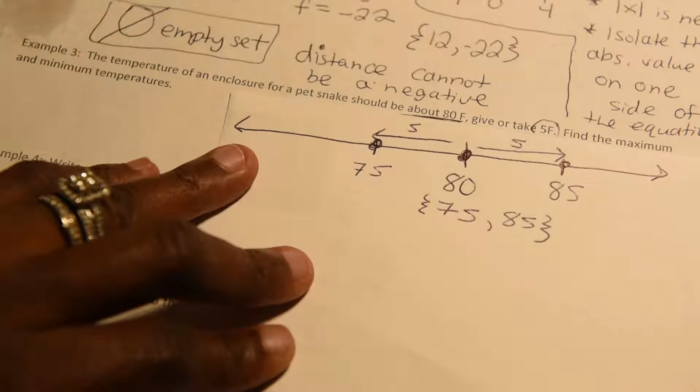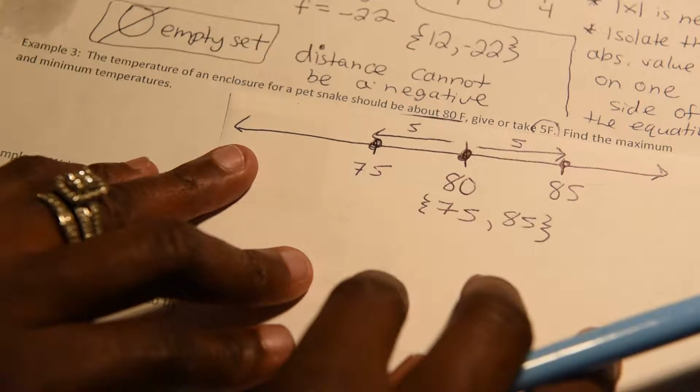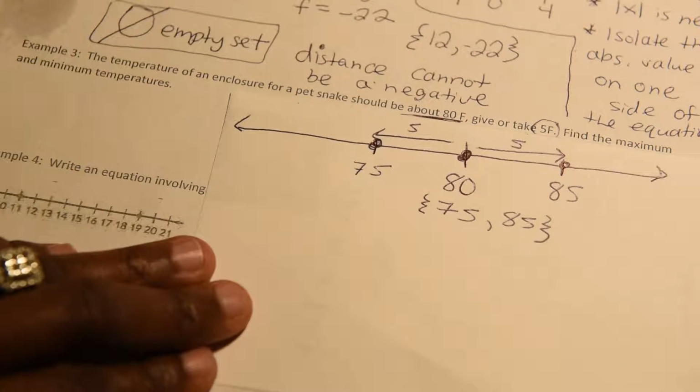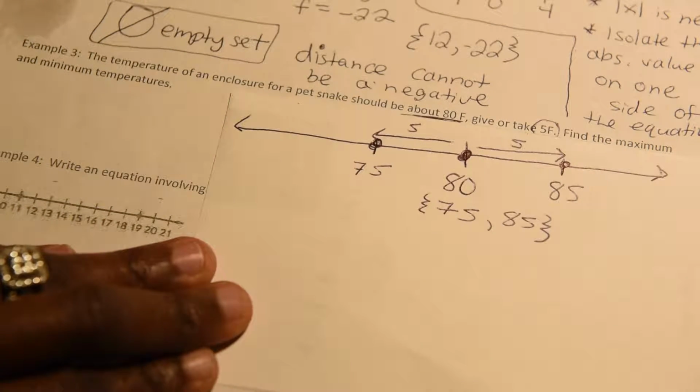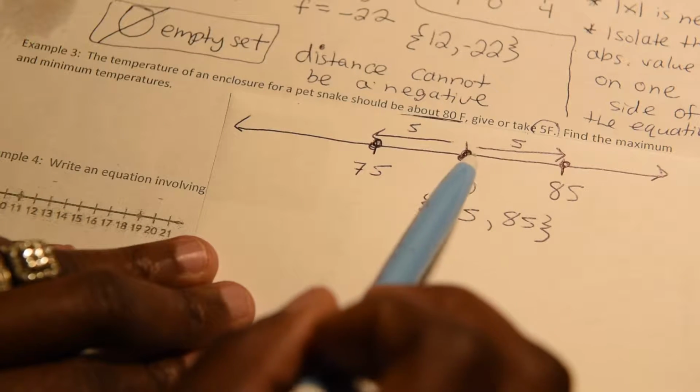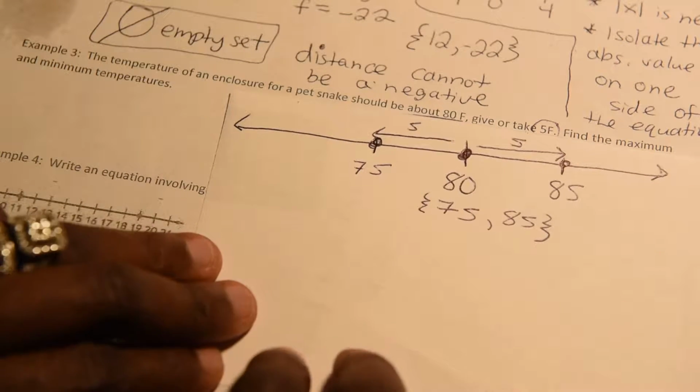Now example 4 is going to have us write an equation. So since we're on this word problem, I'm going to write an equation for example 3 just so I can walk you through the process, and then we'll practice it with example 4. Make sure I'm fully on the screen. Okay, I am. So if I was to write an equation for this problem, we're basically saying the distance between x and 80, right?